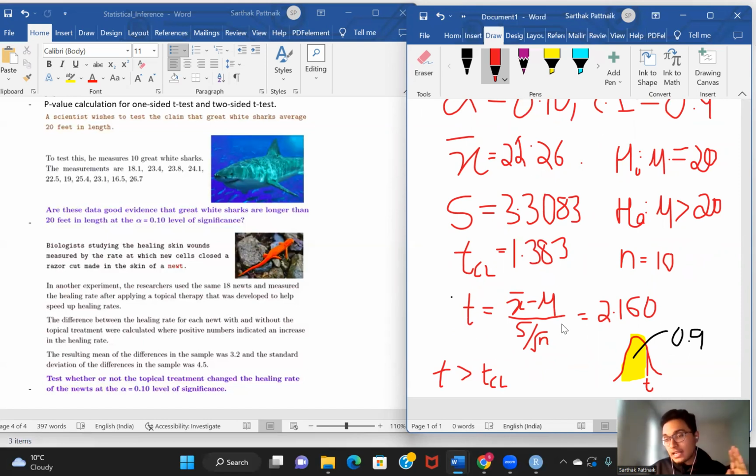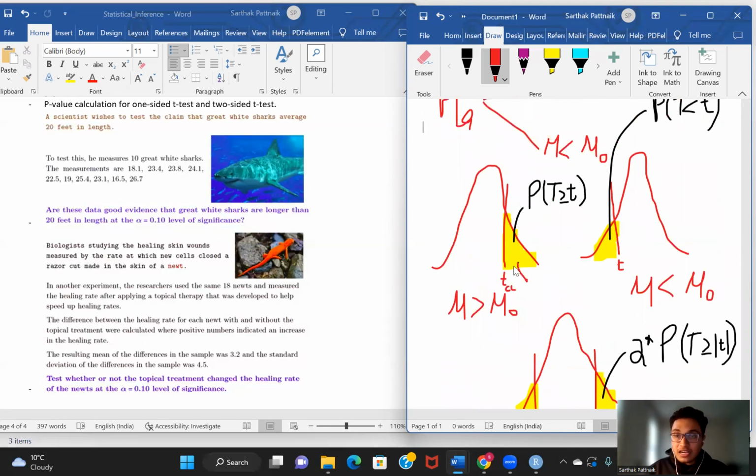Now PT gives me the area towards the left hand side, but we want the area towards the right hand side. So if this is my 2.16, I want this area, not this area.